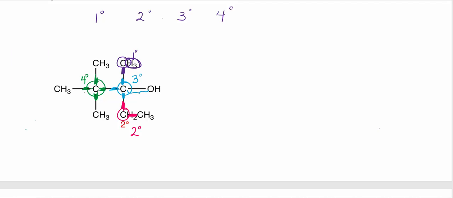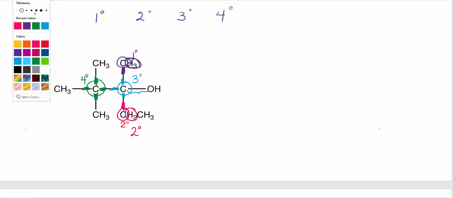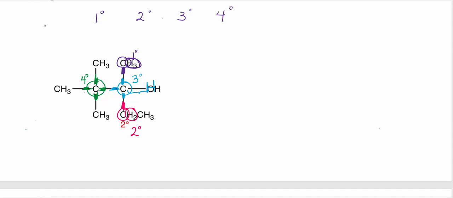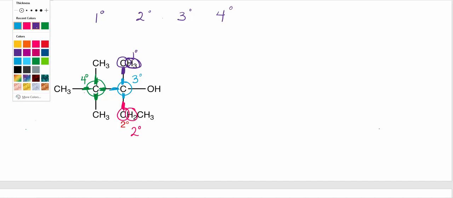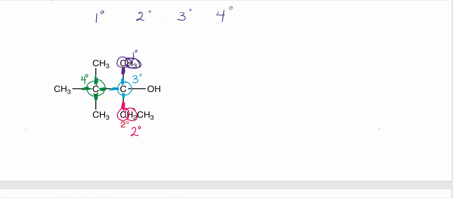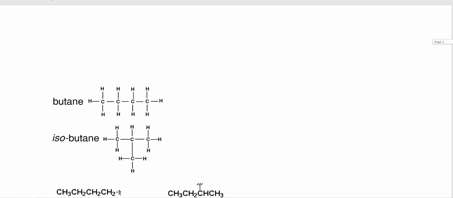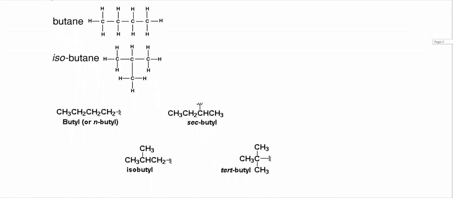These hydrogen atoms here are secondary hydrogen atoms because they are bonded to a secondary carbon. And similarly, if this was a hydrogen, then it would be a tertiary hydrogen, but we don't have a tertiary hydrogen in this molecule. So that's what we're talking about when we're talking about the order of an atom. It's how many carbon-carbon bonds there are, at least for our alkyl groups, carbons, and hydrogens.